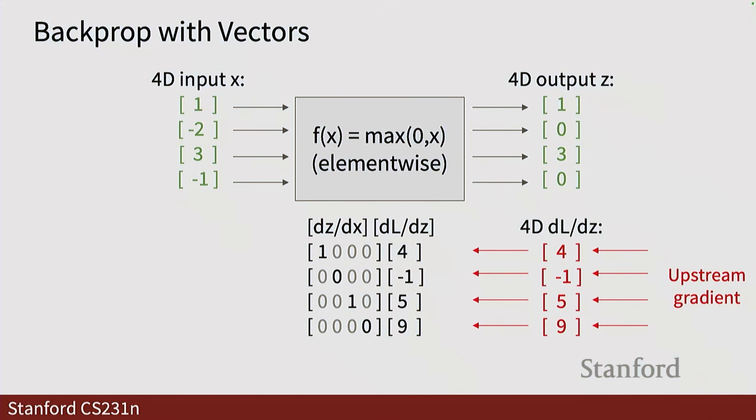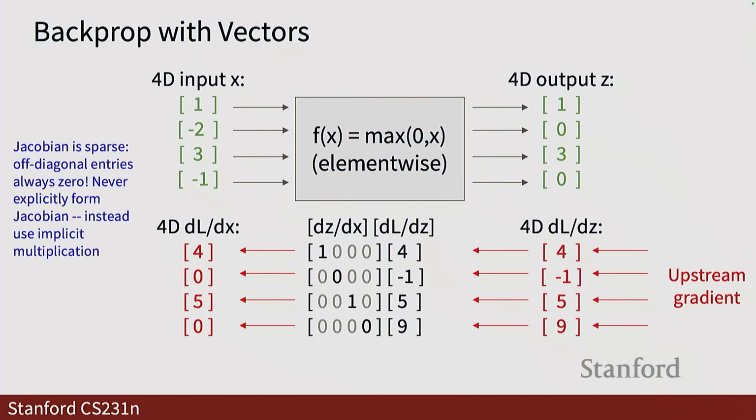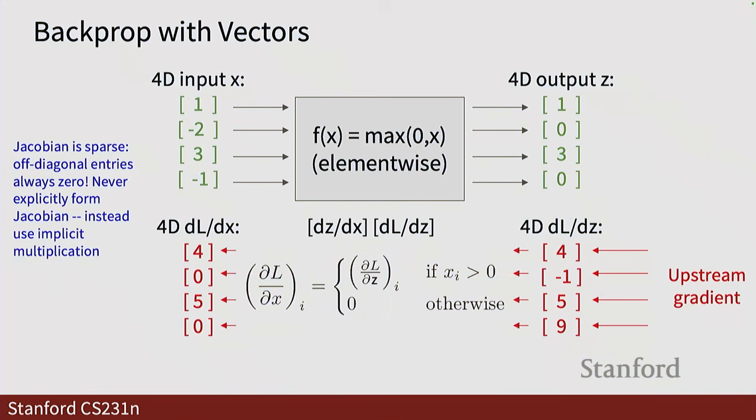Multiplying it by the upstream gradient gives us the downstream gradient, and this is how the calculations are done. As I said, the Jacobian here is sparse because the operation is element-wise.